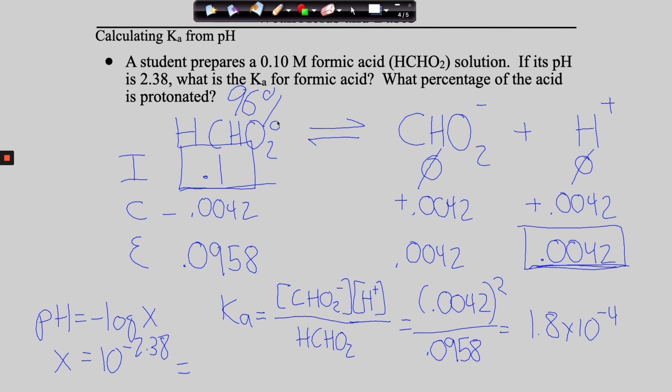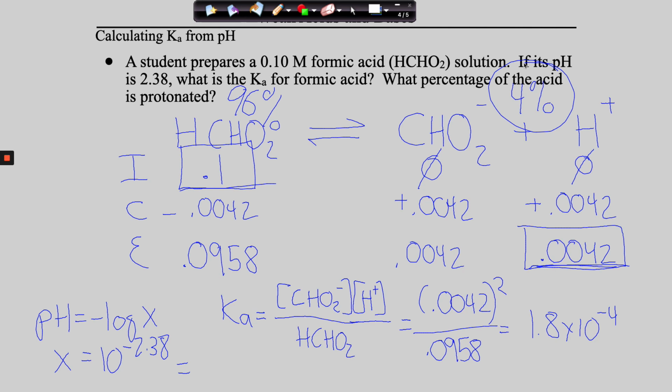So all of the formic acid that those ants produce, only 4% of that acid actually breaks apart and turns into the protons. 96% of the molecules that ant makes dissolve into water, but don't protonate. That's what percent protonation means.